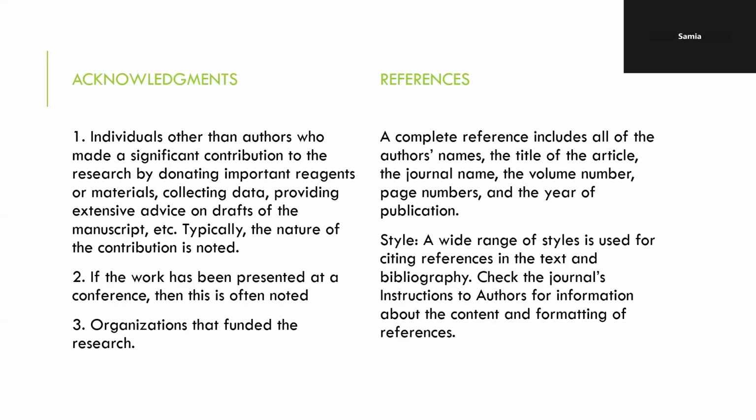Yes, we use square brackets with numbers, and at the end we give the full information. But journals may also use another type of reference, for example Harvard reference, and so on. So the style should be considered also.